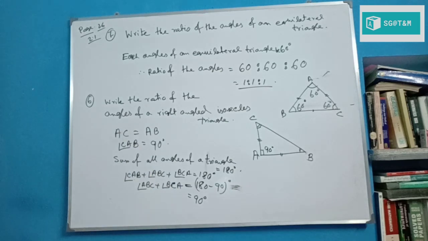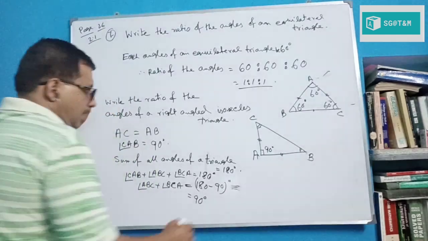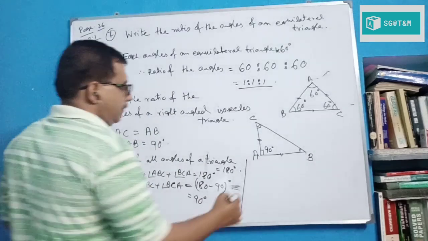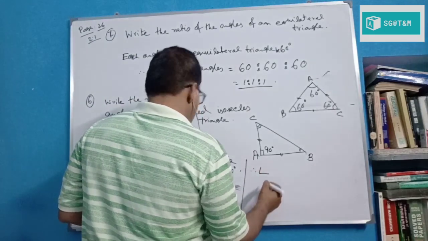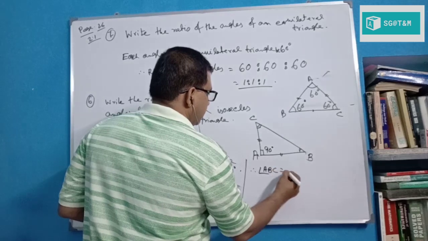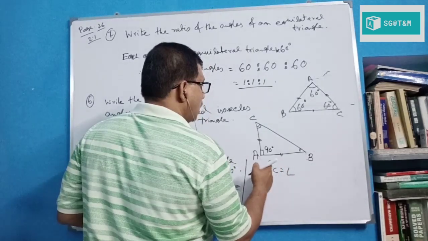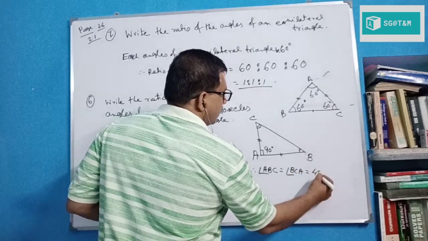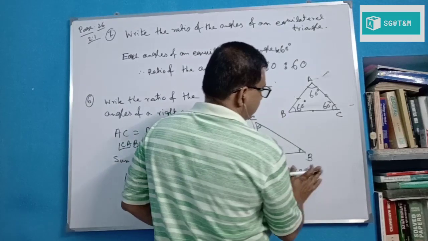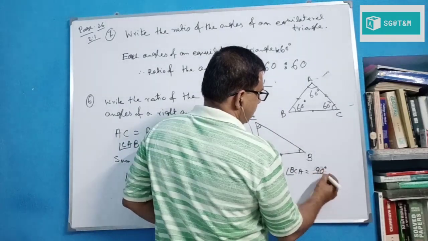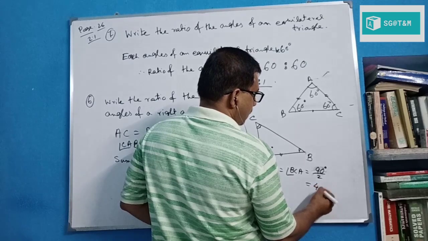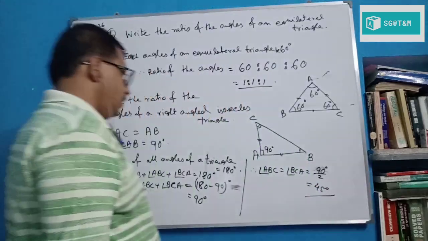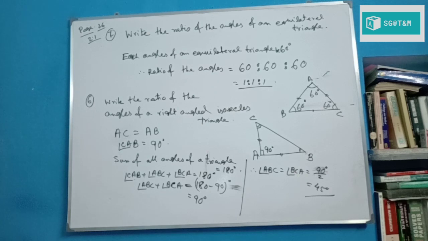Now if these two angles are also equal, then each angle is the same, therefore angle ABC is equal to angle BCA, both 90 degrees by 2, that is nothing but 45 degrees. So these two angles are also 45 degrees.